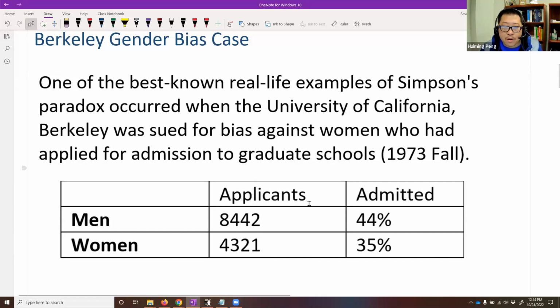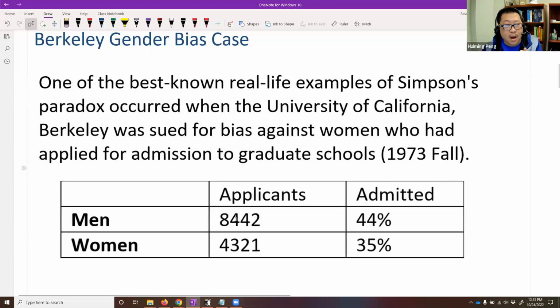We have the total applicants to the graduate school at the University of California, Berkeley, including 8,442 male applicants and 4,321 female applicants. Among these 8,000 men, 44% were admitted. What does 44% mean?